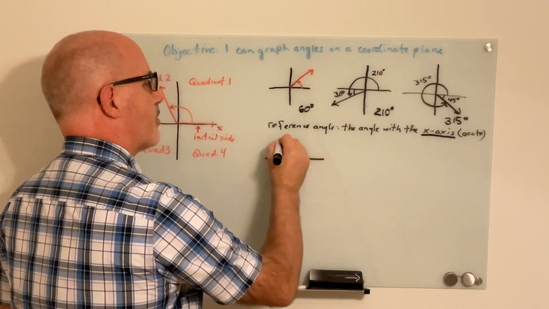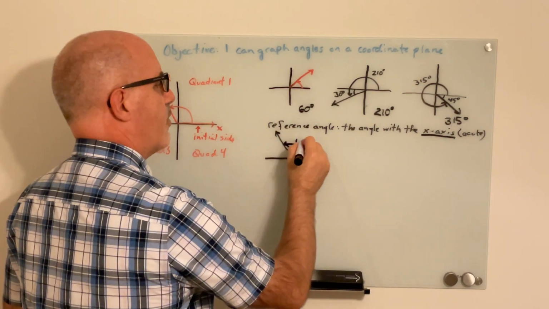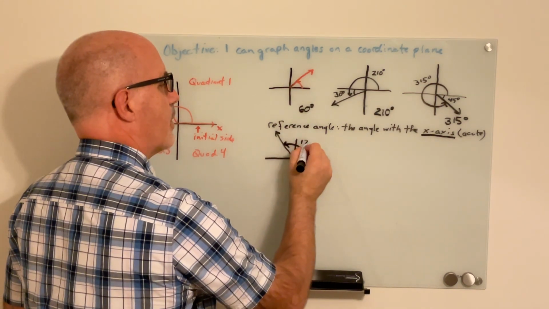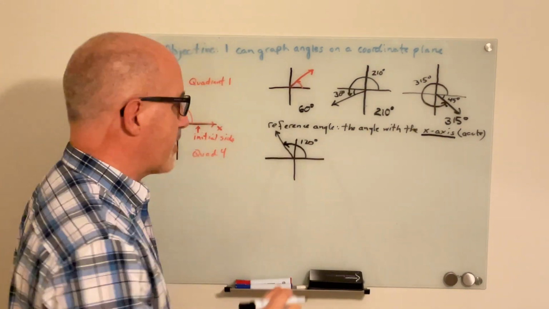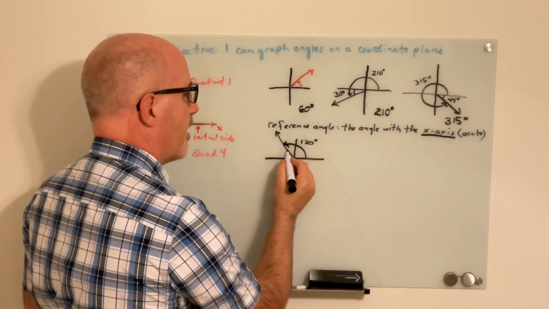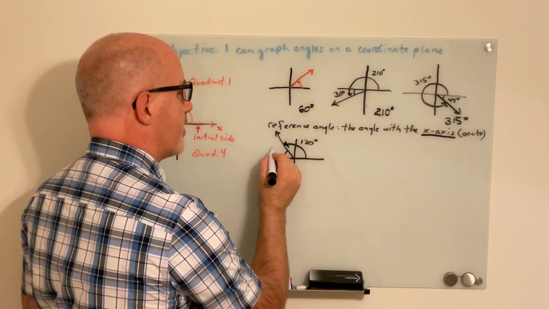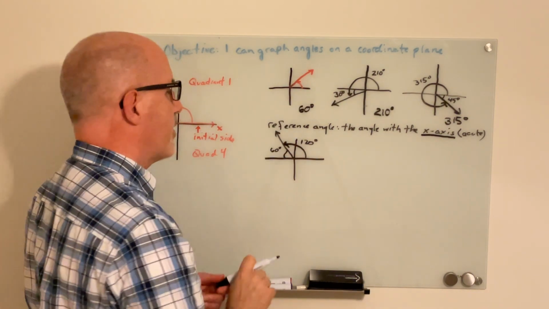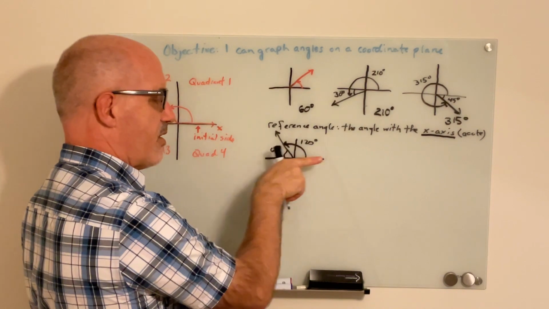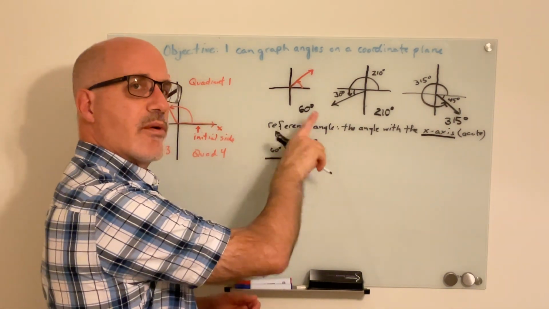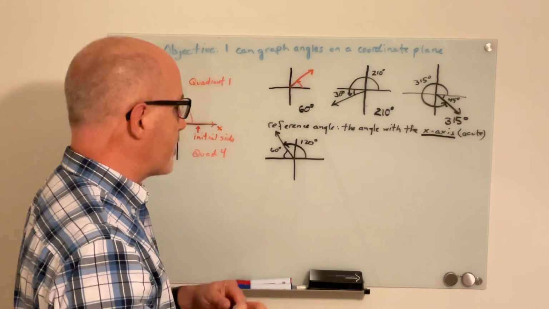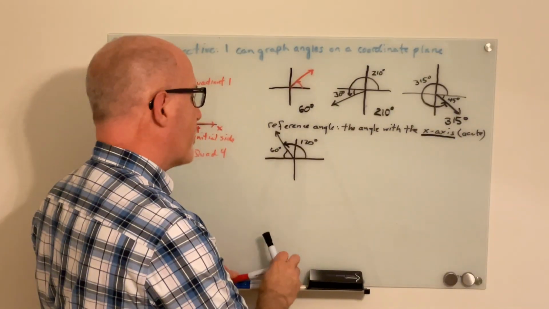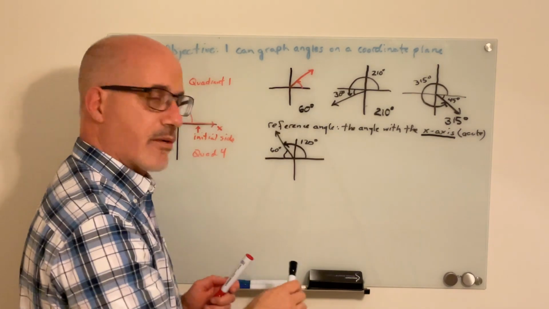This angle I'm going to draw is 120 degrees. That angle 120 degrees has a reference angle here of 60 degrees. So the angle itself starts at the positive x-axis, goes counterclockwise, and it ends there in the second quadrant. 120 degrees, the reference angle is 60 degrees.